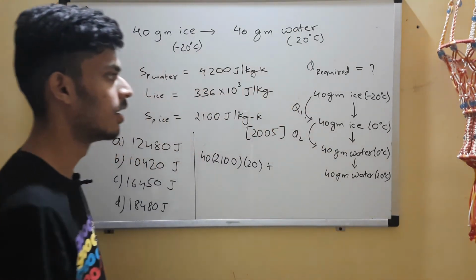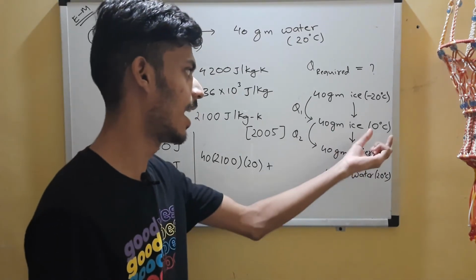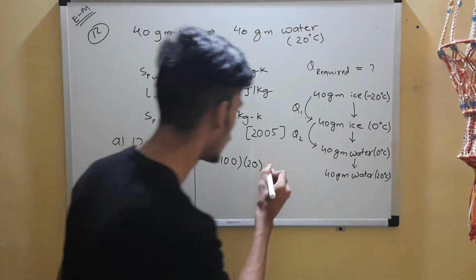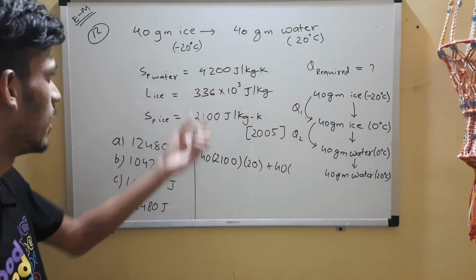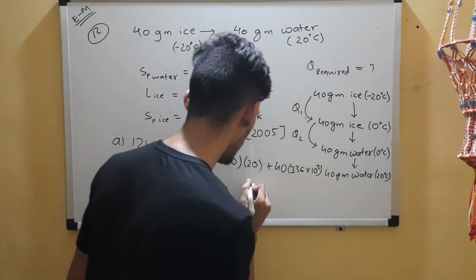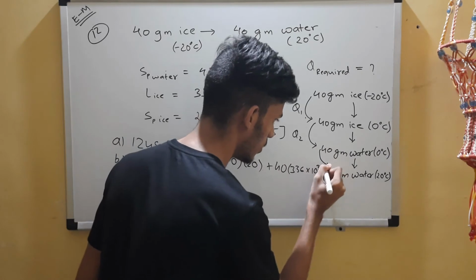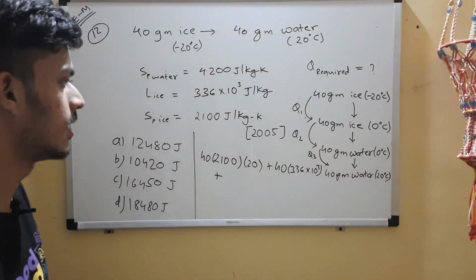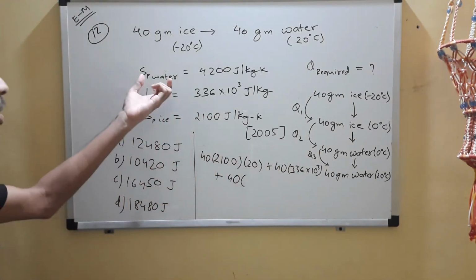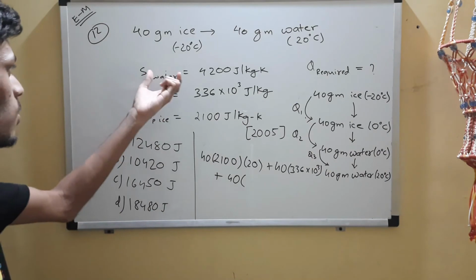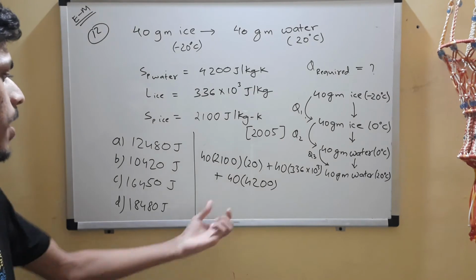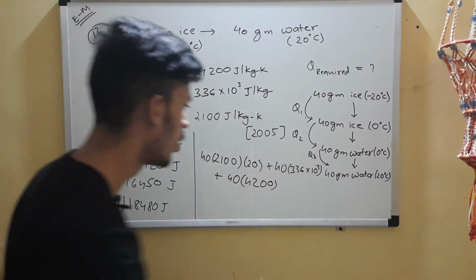Q2 will be, now you're converting ice to water at the same temperature, so this is latent heat. So m into L, m is 40 again grams, and L is the latent heat, which is 336 into 10 to the power 3. Finally Q3 will be converting this to this, so m s delta T again. m is again 40, s is the specific heat capacity of water. Since water is under consideration, that will be 4200 into m s delta T. Again the temperature change is 20.